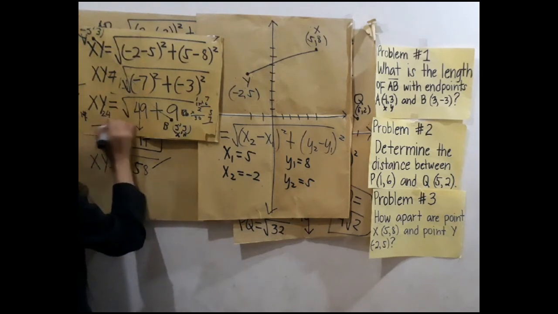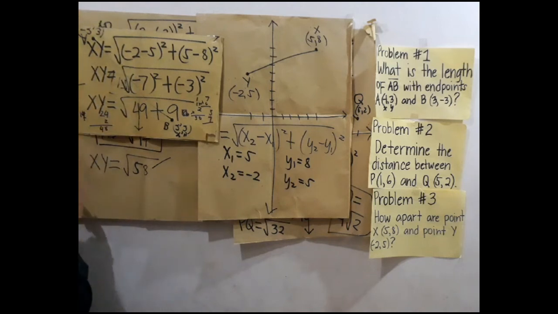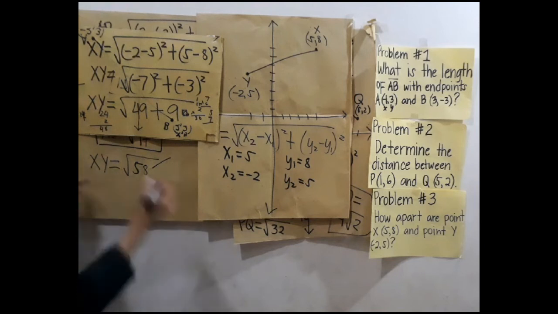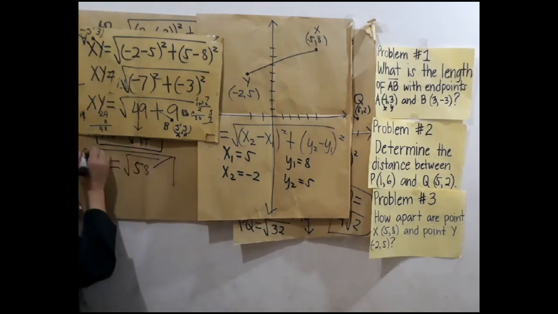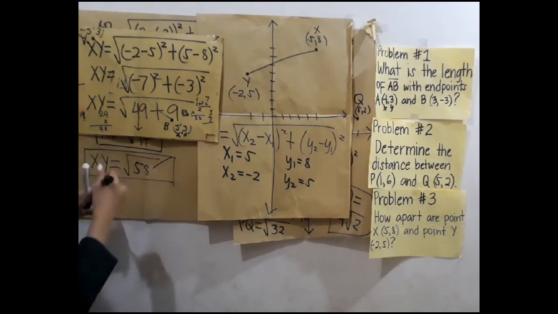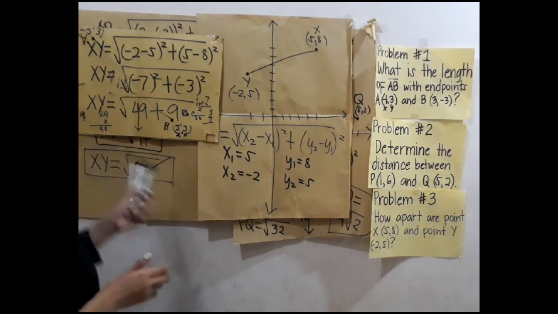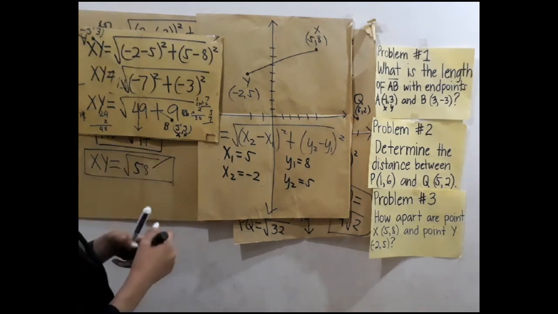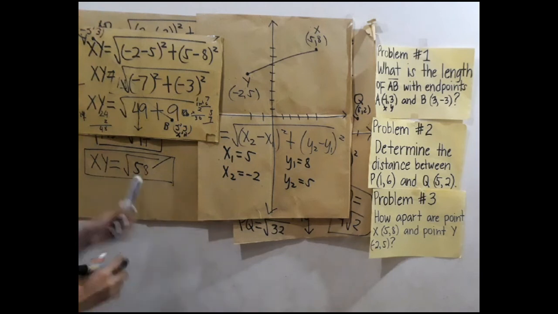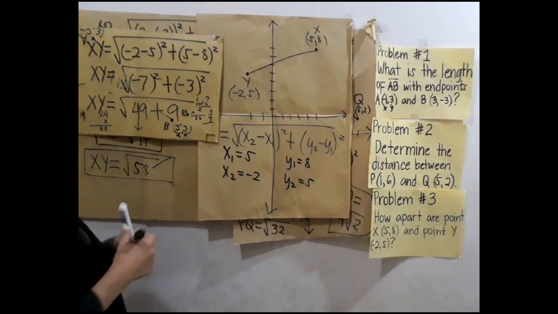But since 29 and 2 are not perfect squares, the square root of 58 is still the answer. So this is now our answer. This is the distance between point X and Y. The distance between point X and Y is the square root of 58.